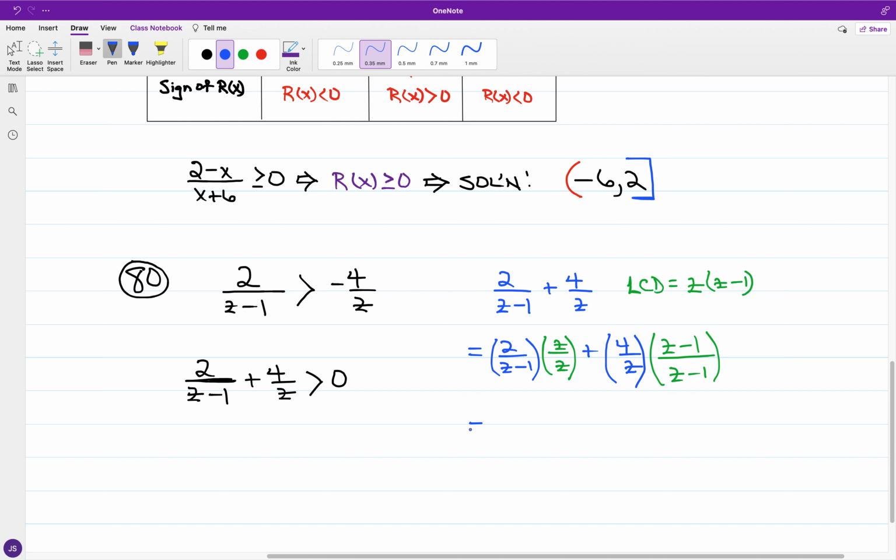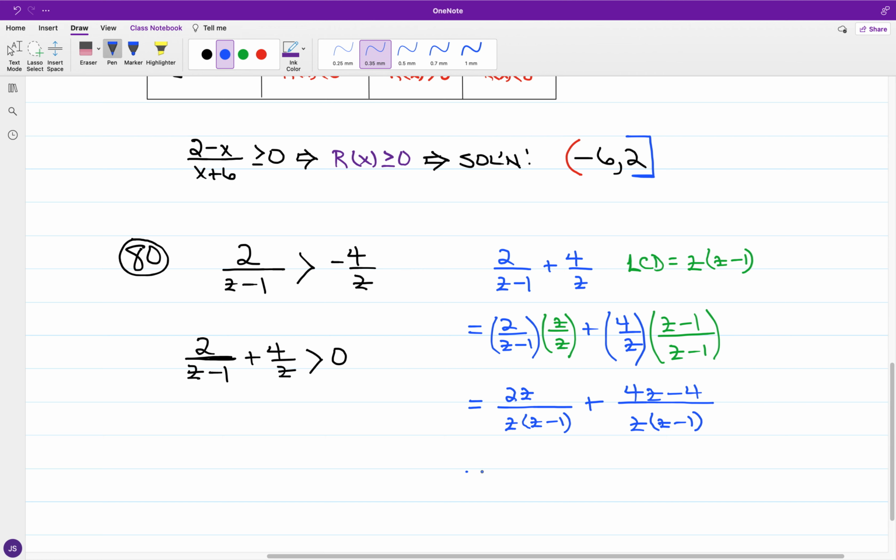And now looking at what is present, we have 2z all over z times the quantity of z minus 1. For the second ratio, I have z times the quantity of z minus 1. And distributing in the second numerator, we have 4 times all of z minus 1, so this is going to be 4z minus 4.